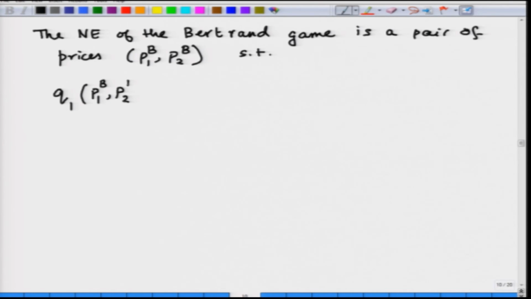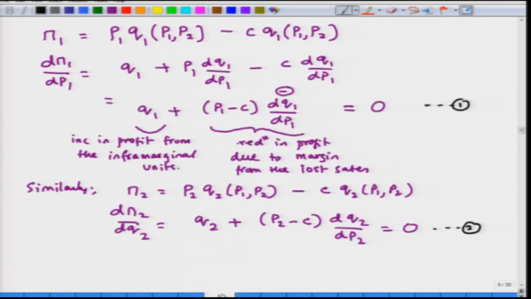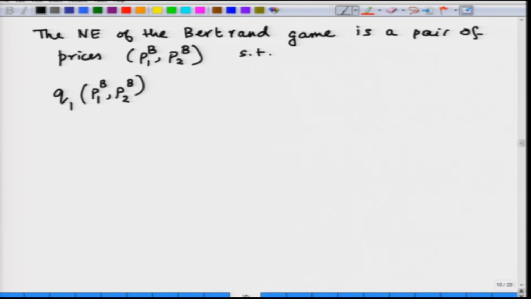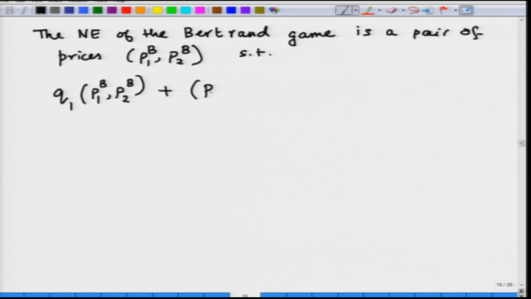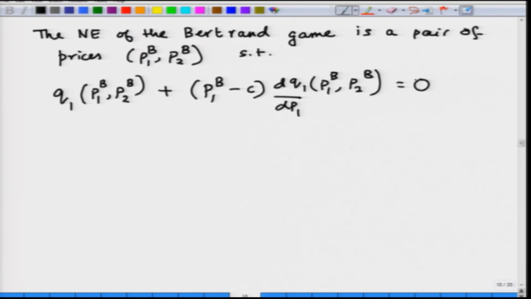P1B, P2B. Notice that when I had written down this first order condition, I had actually suppressed the prices here. So, now we will write those explicitly, because the Nash equilibrium prices are P1B and P2B, right, plus (P1B minus C) dQ1/dP1, which is equal to 0.